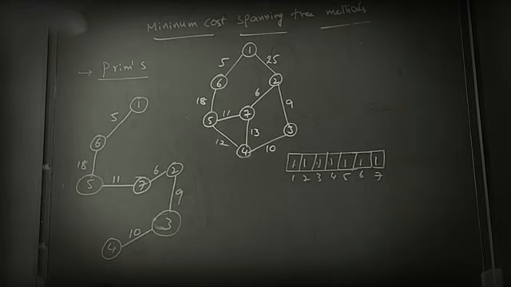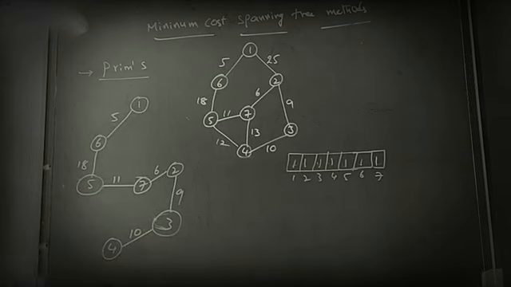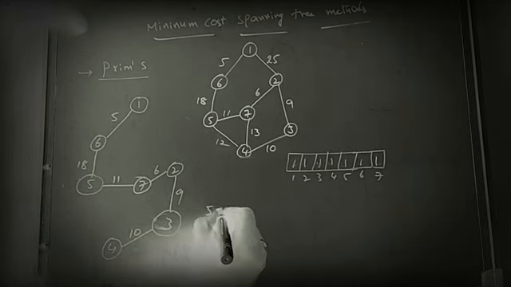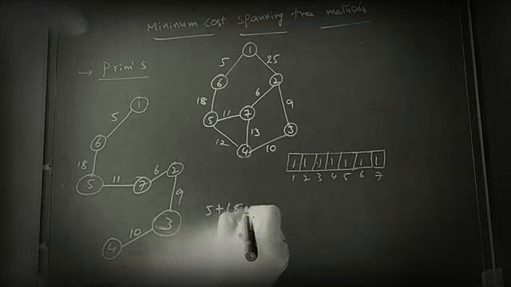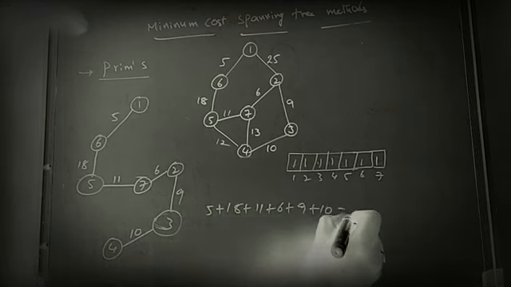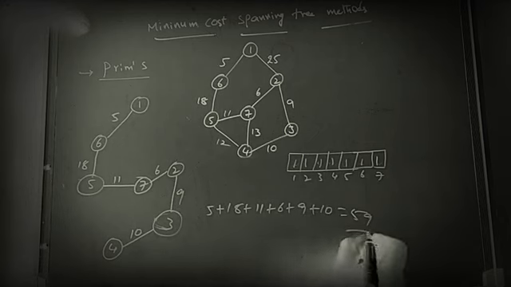All the nodes are visited and every node is connected, making the final graph loop free. There are no loops after visiting all the nodes. So what is the cost? Cost is 5 plus 18, 11, 6, 9, 10. The cost is 59.